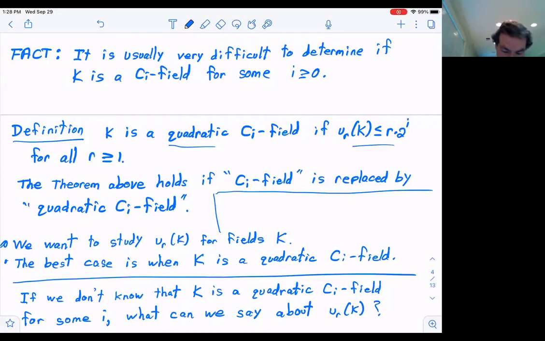that explicitly later, I'll say there exist quadratic CI fields that are not CI fields. And in fact, in some sense, if you were really listening carefully, but if you're hearing this the first time, you might have missed it, I actually gave the answer. The example would be p-adic fields.